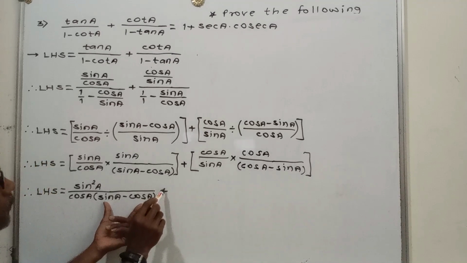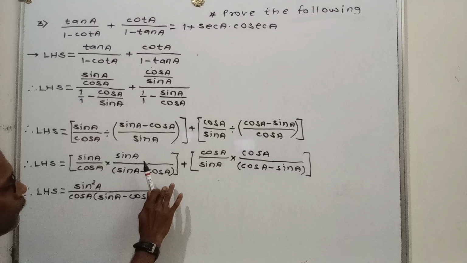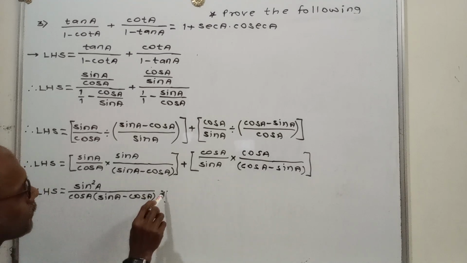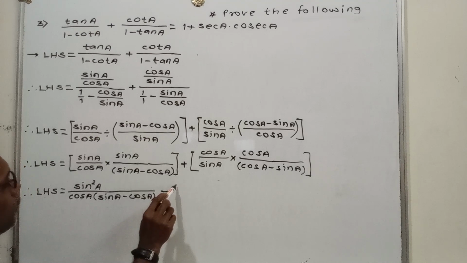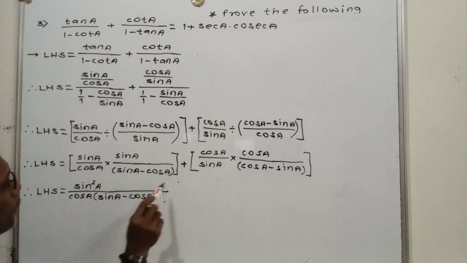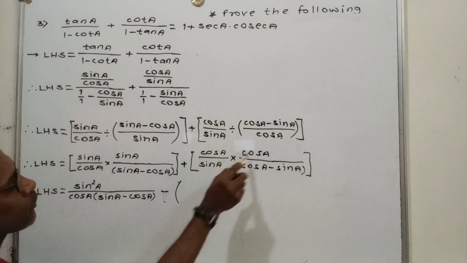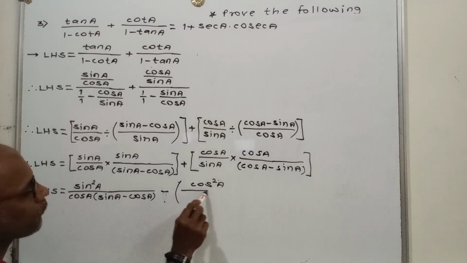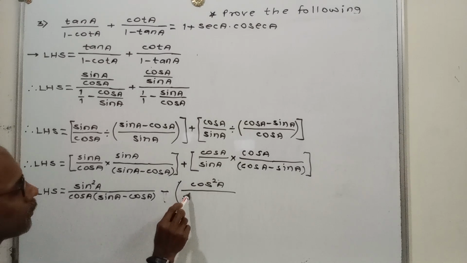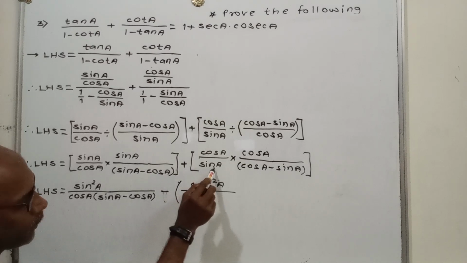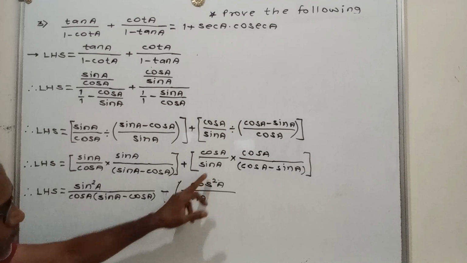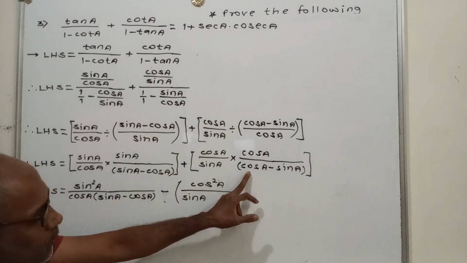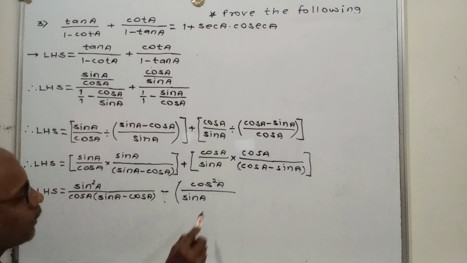So we write here, see this, here we change the sign of this. We take this minus here and we write cos A into cos A, cos square A upon sin A. We write this sin A as it is and we change positions of these two, means sin A comes here and cos A goes there.